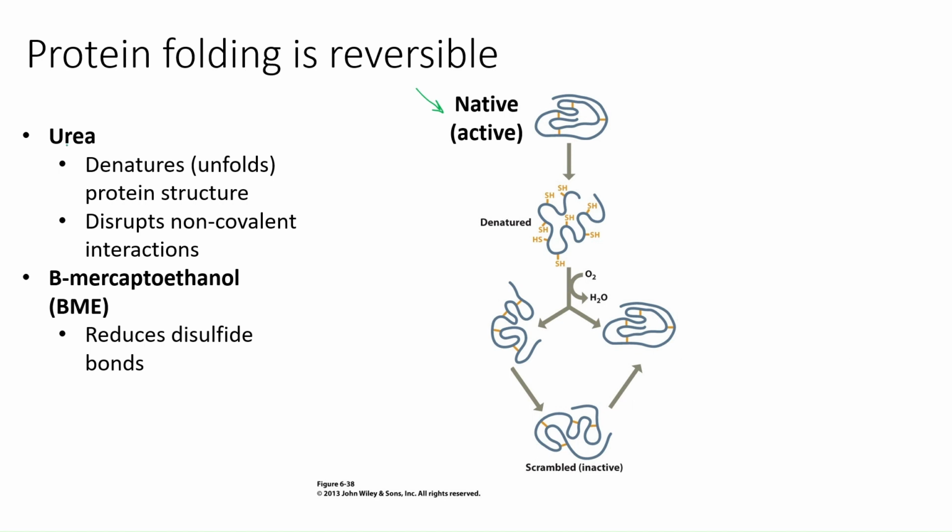One chemical you can use to unfold a protein is called urea. Urea helps to unfold a protein structure, and it does this by disrupting non-covalent interactions.